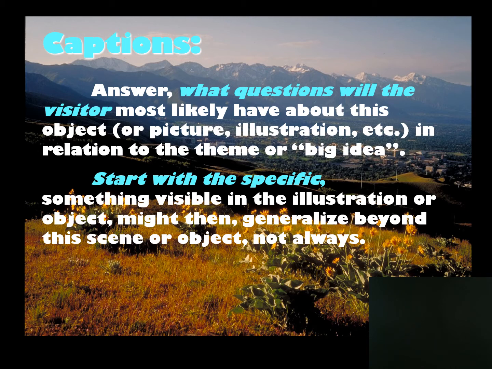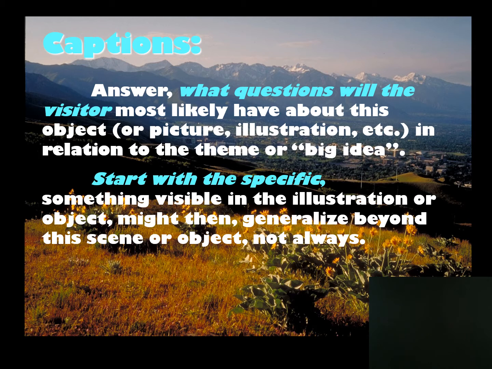The best way to label is to start with the specifics, exactly what it is that you're seeing in that picture. Or in your case, each time you're coming to a new page, try to start specific and then generalize beyond that. So if you were starting with this picture, what you see in the foreground is mule's ear, which is a sunflower in the daisy family.